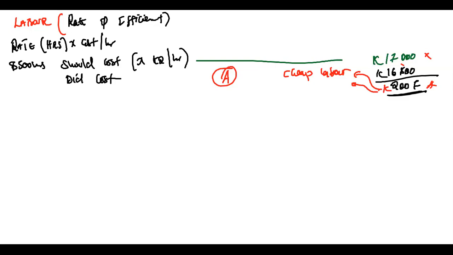Motivated employees. So how does motivation affect the payment? Maybe they work with a higher level of efficiency. It still has nothing to do with the rate. It can affect the efficiency, not the rate.